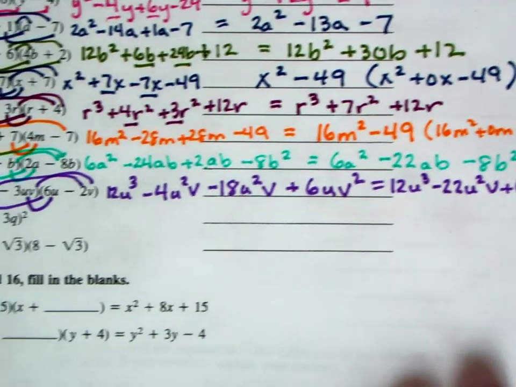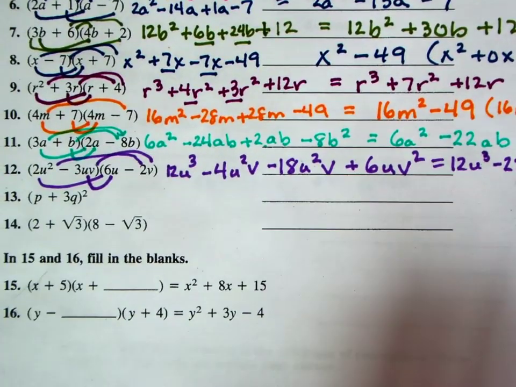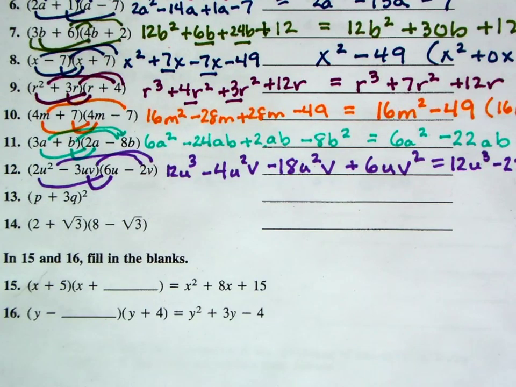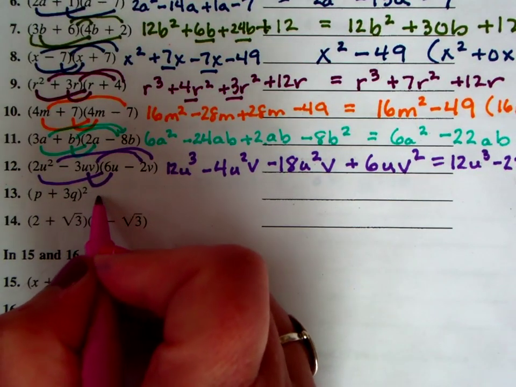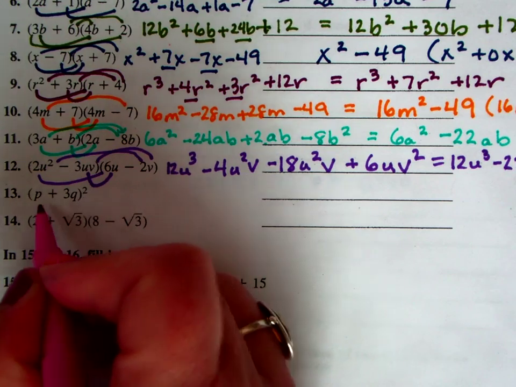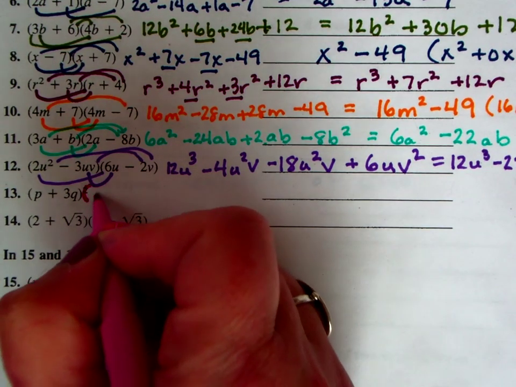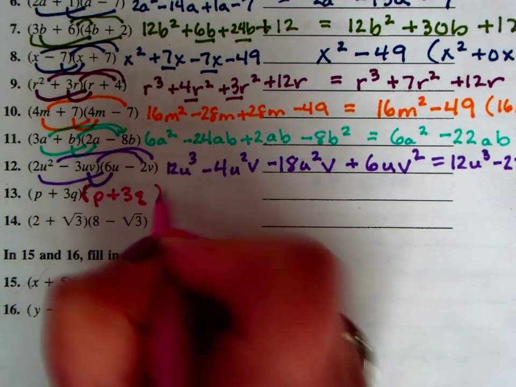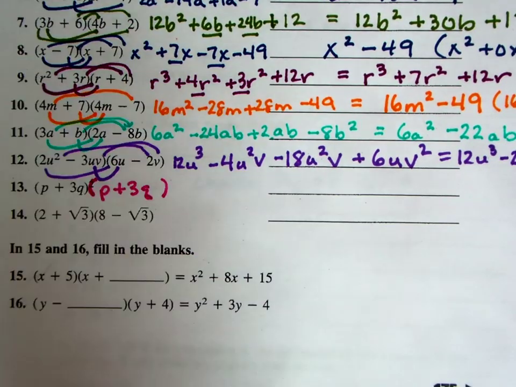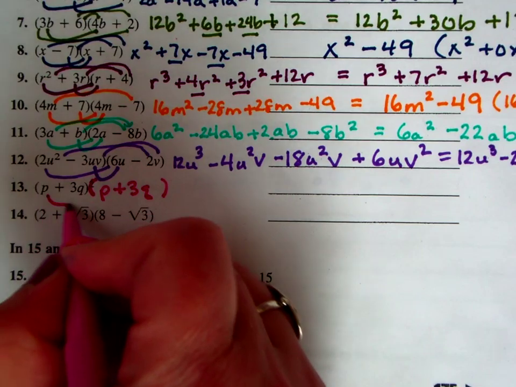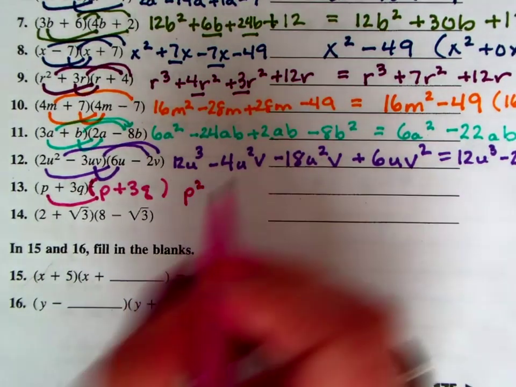Okay. And then the last problem, instead of writing p plus 3q squared, I would just add in a second p plus 3q, because that's what that means. It's being multiplied by itself. So p times p is p squared.